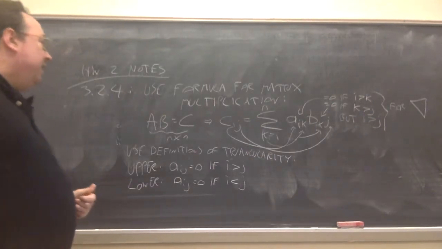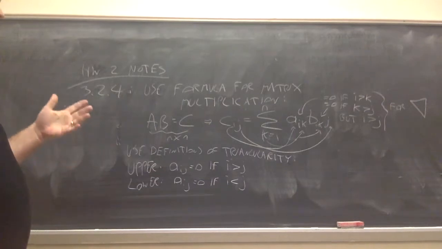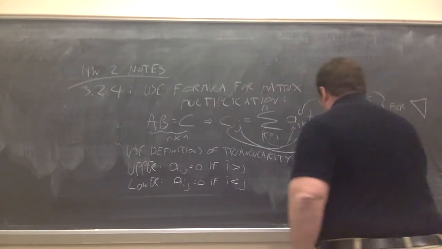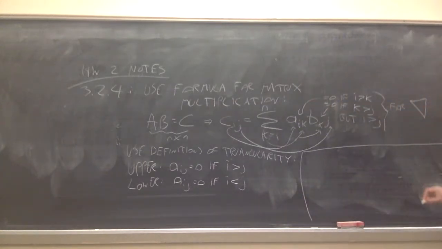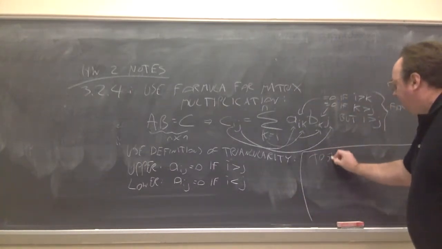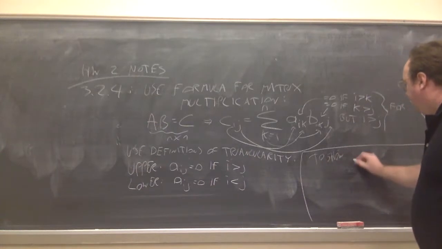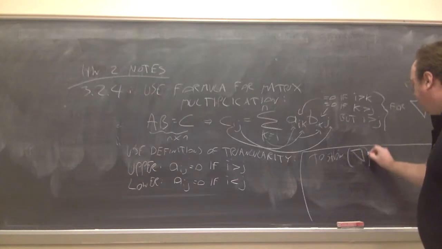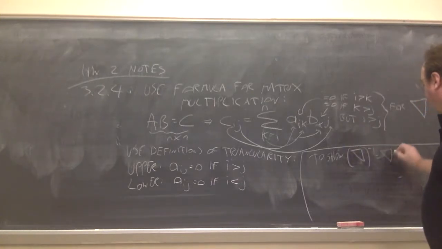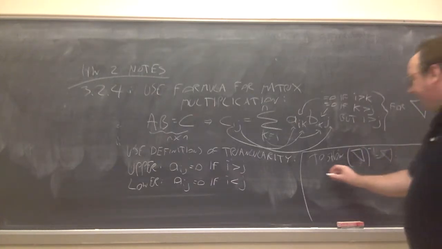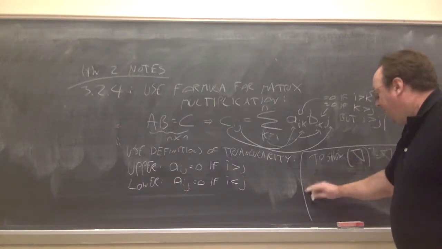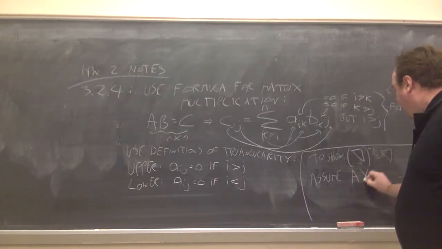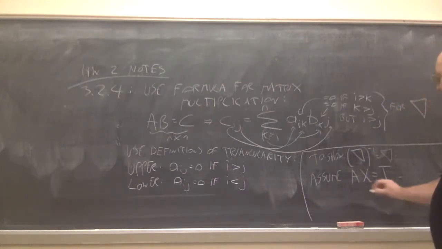Now, that's for a product of triangular matrices. What about the other property? To show the inverse of, for instance, an upper triangular matrix is upper triangular. So what you do is you assume A times X is equal to identity.